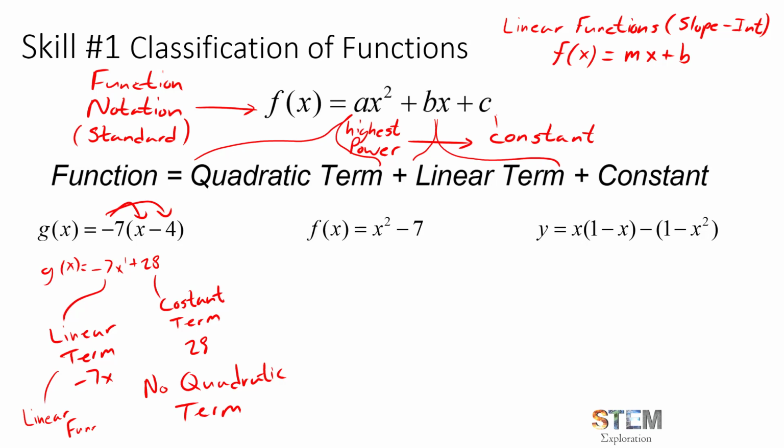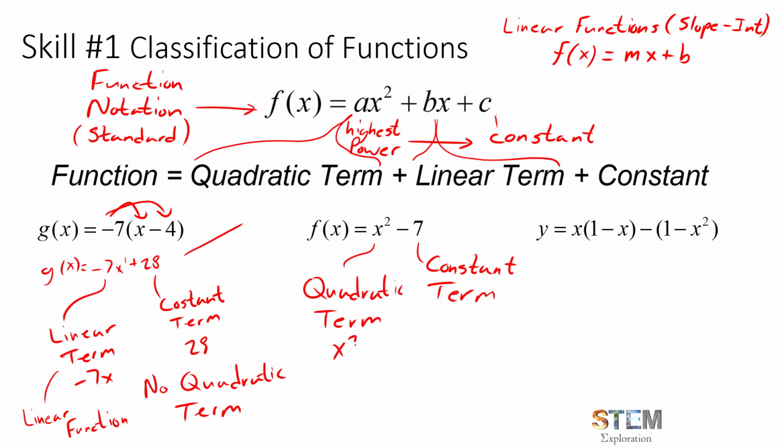And this is important because the highest powered term will dictate the overall behavior of the function. With a linear term, you will just get a straight line. But if we look at something like f of x here, where f of x is equal to x squared minus 7, we have the constant term. There is no linear term, and we generally don't go out and state that there's no linear term, but there is a quadratic term, so we will state that here, that there is a quadratic term of x squared.